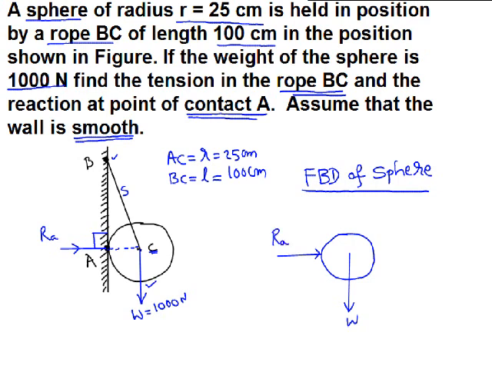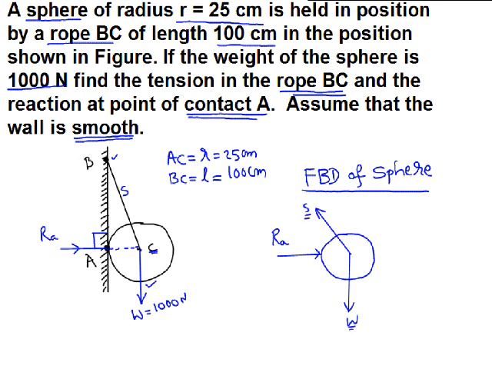The third force is the tension in the rope, which goes in the direction of the rope, as indicated here.